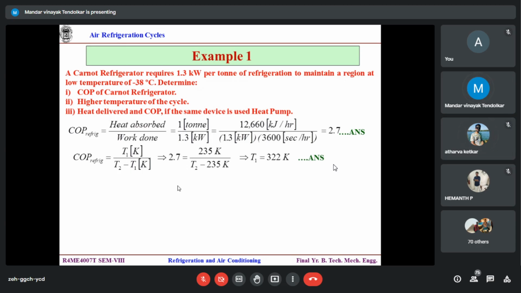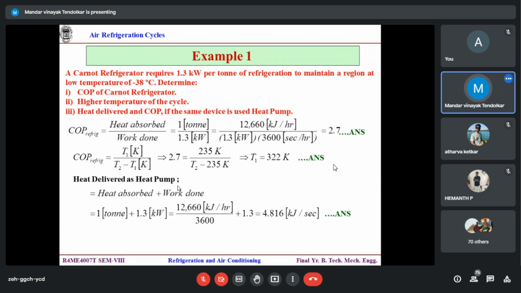Check all the values. Now COP is known in terms of temperature. I know T low divided by delta T, out of which T low is known to me, minus 38. I can find out T high. Is this correct? Yes, sir.